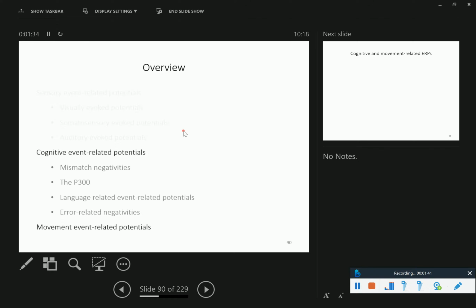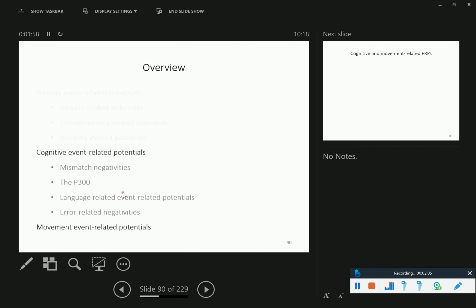And the ones that I want to cover are mismatch negativities, the P300, language-related event-related potentials, error-related negativities, and then finally we'll also look into event-related potentials that relate to movement. So all of these are used heavily in cognitive neuroscience.